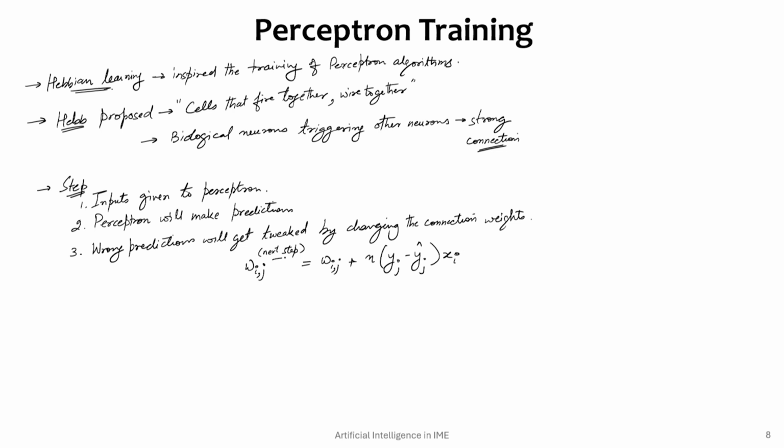So, for a particular next step, the weights will be based on the previous weights plus this term, where eta is the learning rate, y_j is the actual target output, and y hat j is the evaluated output of the jth neuron.